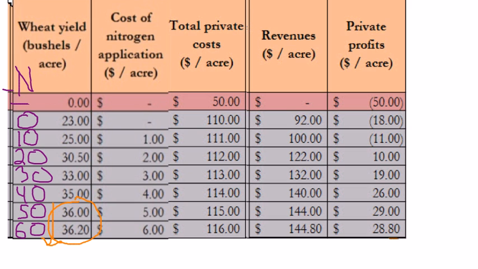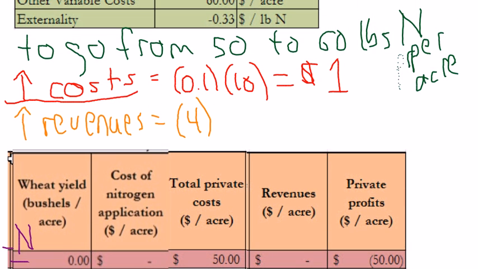So wheat yield only goes up by 0.2. And thus revenues go up by only 80 cents.